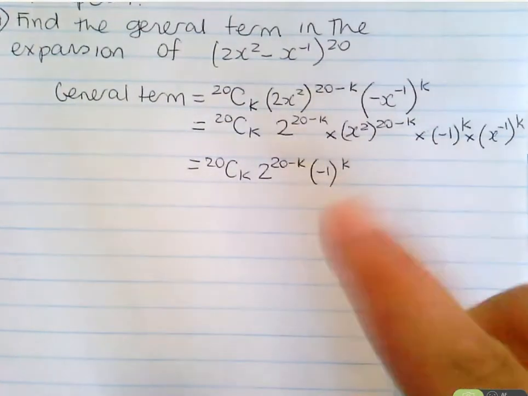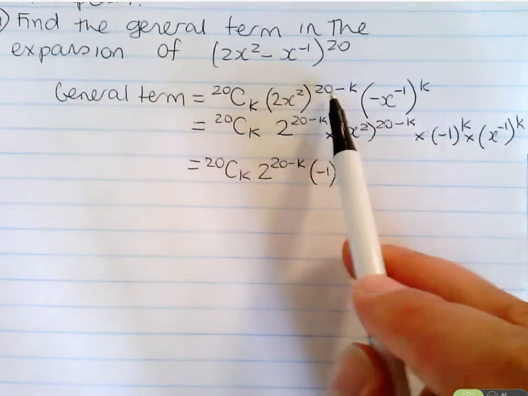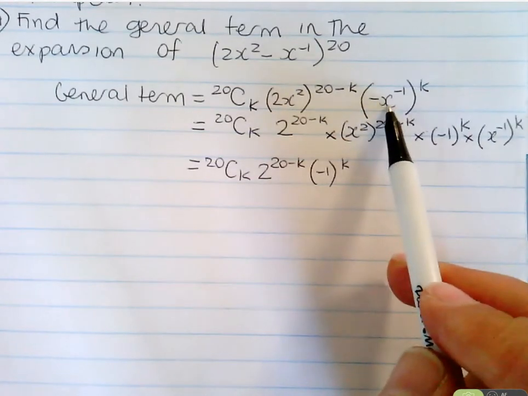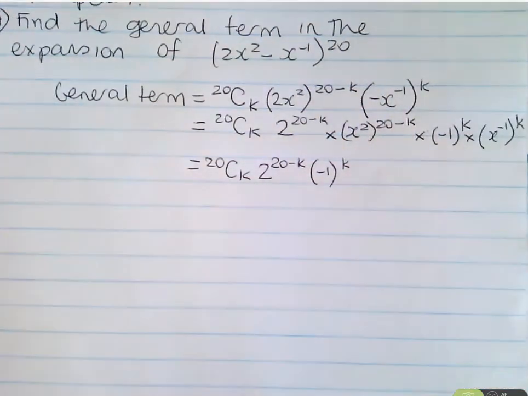I've broken up any numbers, because there are two things here to the power of 20 minus k. The coefficient needs to be to the power, and so does the term.